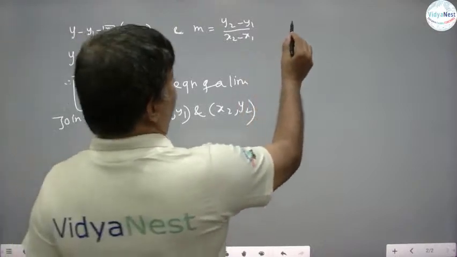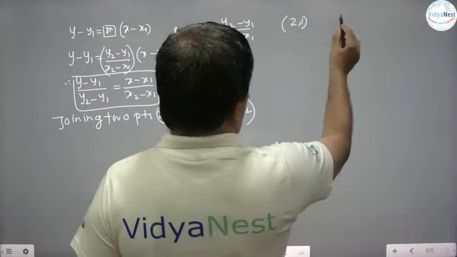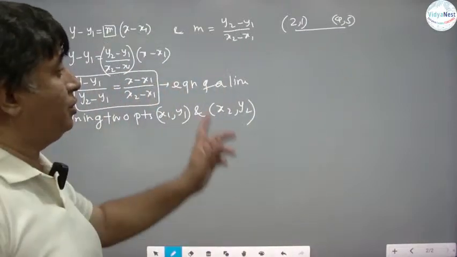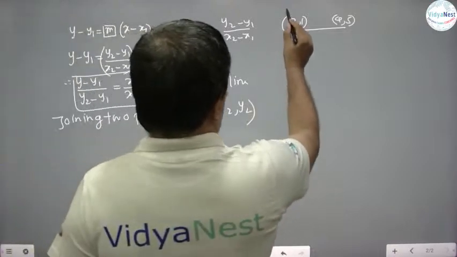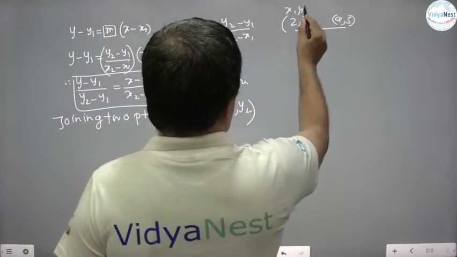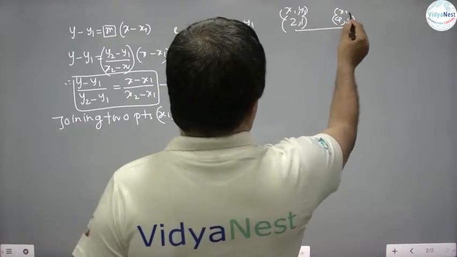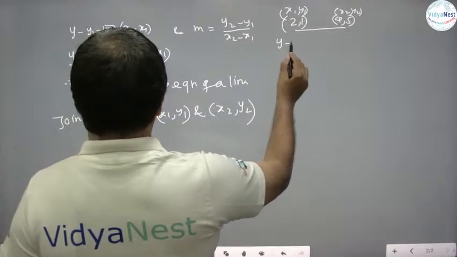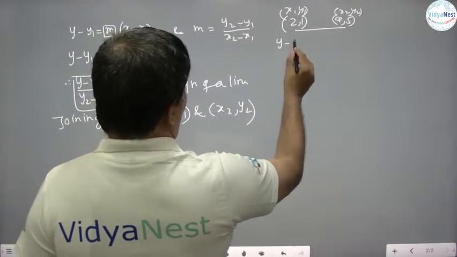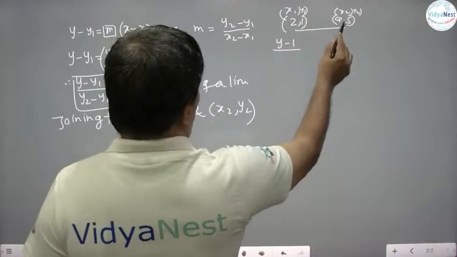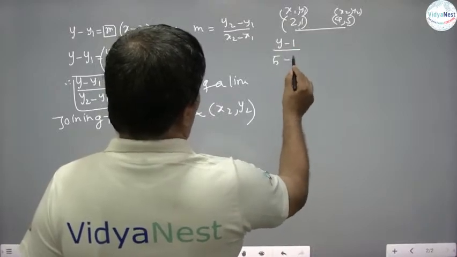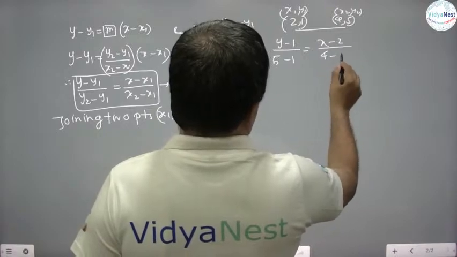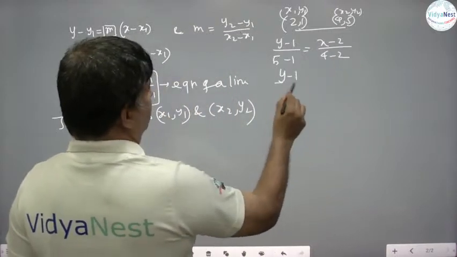Suppose you have two points (2, 1) and (4, 5). How to find the equation of the line joining two points? See, you consider this is x1, y1, and this is x2, y2. So line joining the equation: y minus y1 by y2 minus y1 equals x minus x1 by x2 minus x1, which is 4 by 2.